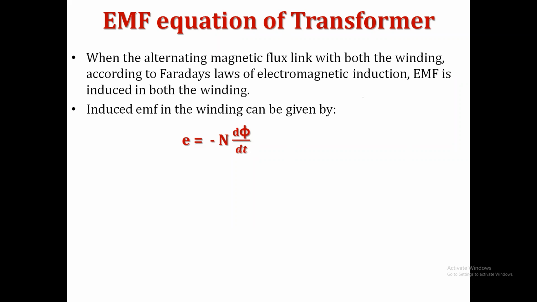But right now we have that equation of phi, and that equation is phi is equal to phi m sine omega t. Is it right? Now let me put that value of phi in that equation, phi m sine omega t. Now when I take the derivative with respect to t, this phi m is a constant term. What is the derivative of sine omega t with respect to t?